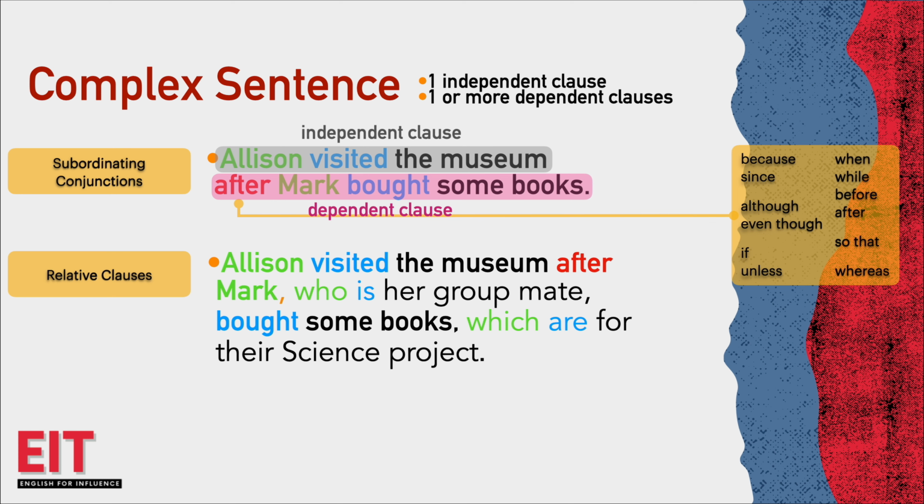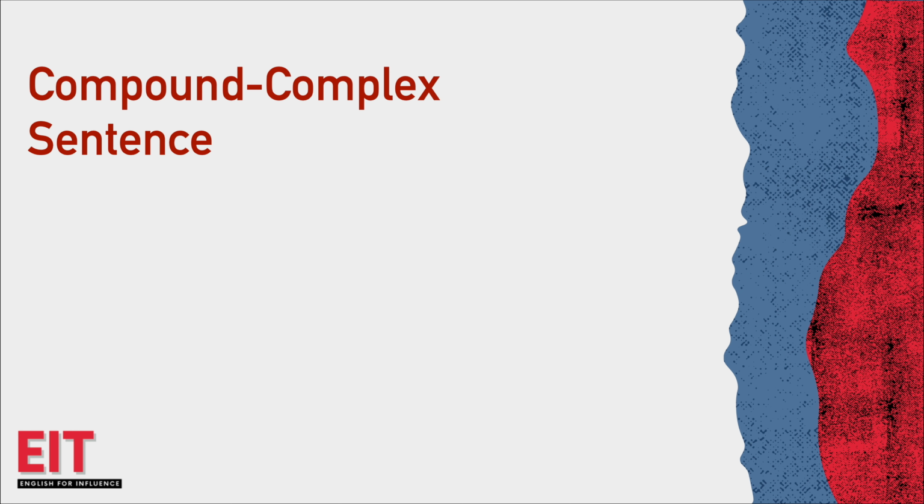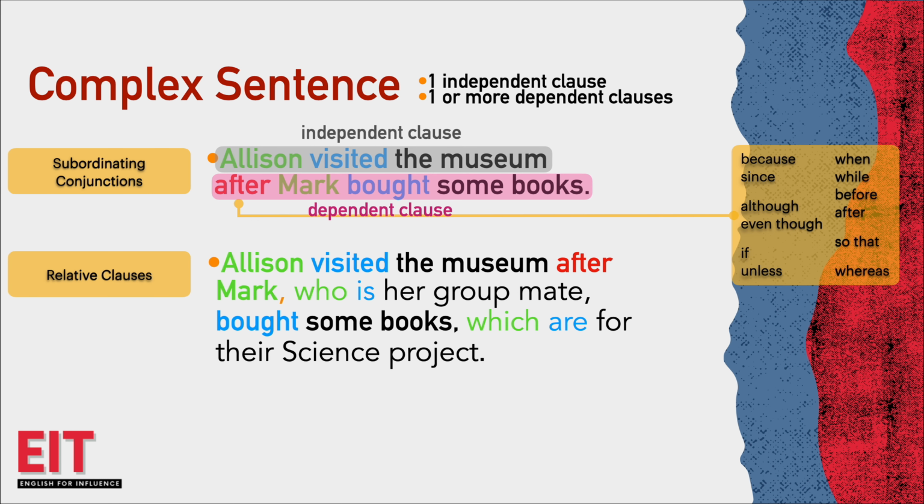Yeah, you have one, Allison visited a museum, and another one, after Mark bought some books, and another one, who is her groupmate, and the last one, which are for their science project. In other words, we have one independent clause and three dependent clauses, which fit our parameters, right? Because you can have one or more dependent clauses.